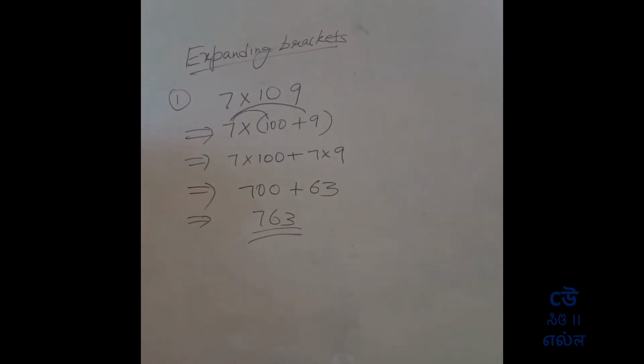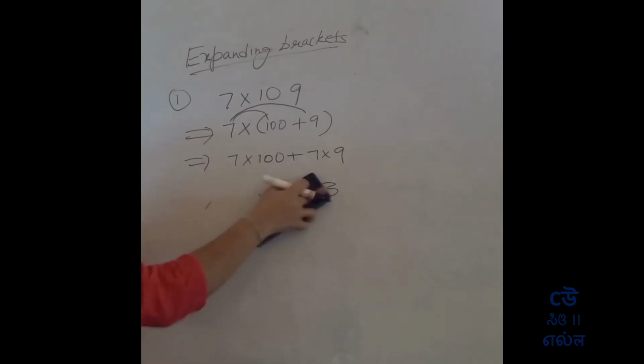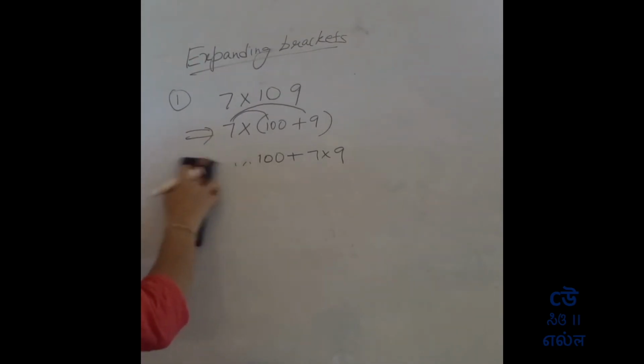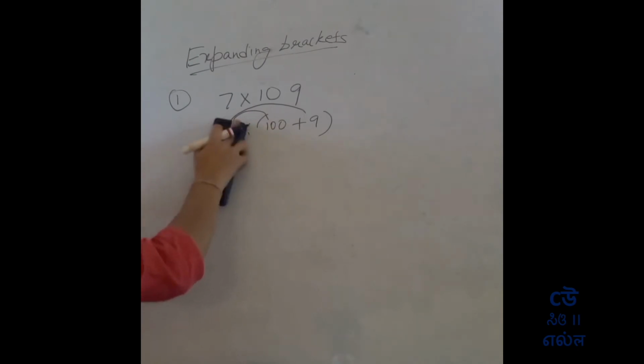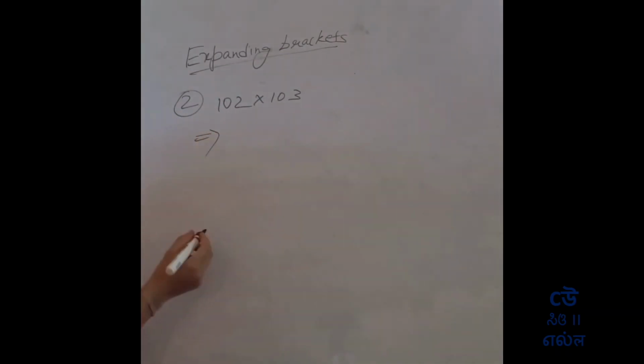Okay. Next problem. Second problem, let us take 102 into 103. So you again have two big numbers. So what will you do?